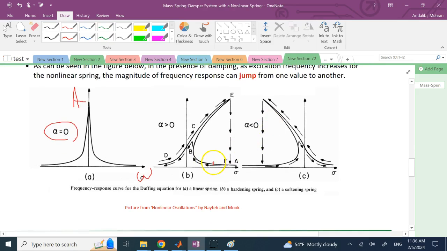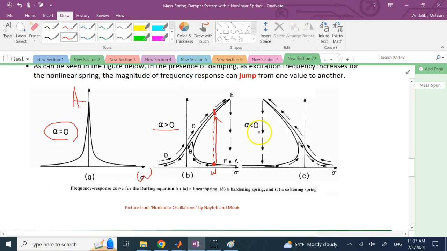Look here. You see, this is my omega. Per this omega, I have 1 peak here, 1 peak here, and 1 peak there. You see? You have 3 peaks per omega. And because of that, you can have jumps. So your peak jumps from here to here. And especially when you change omega, that is even more interesting.